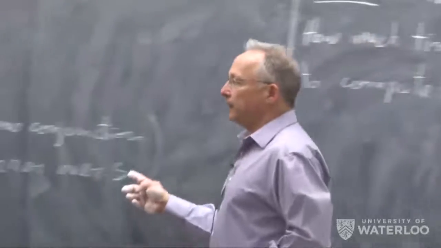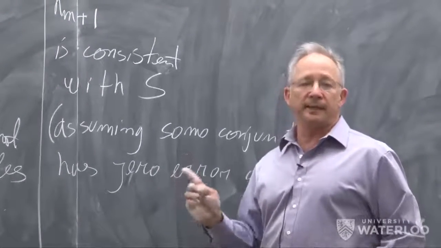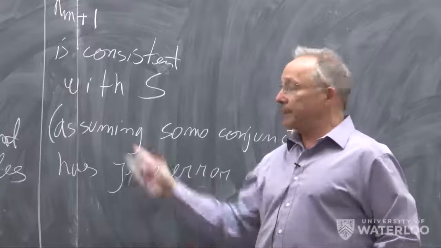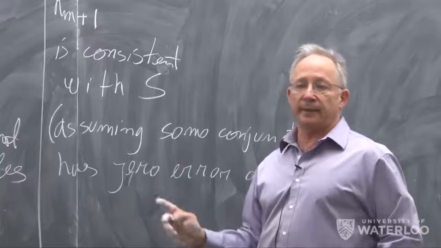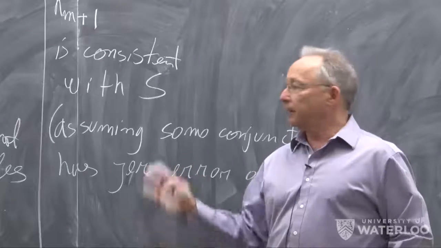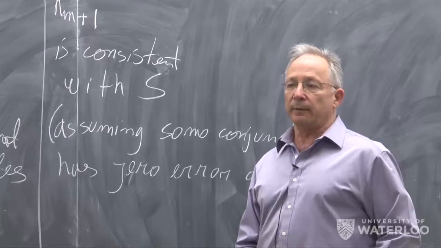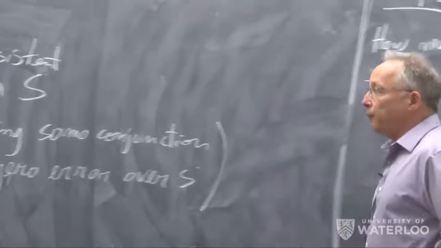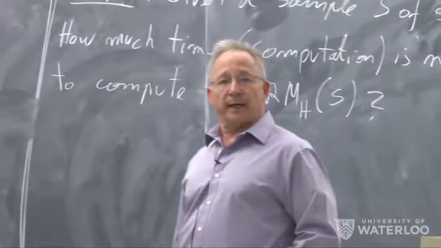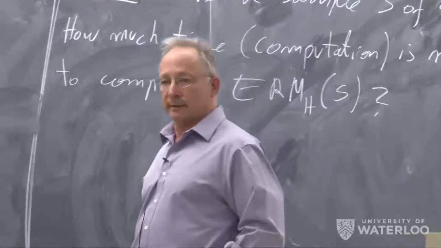So here, remember that in the learning of rectangles, we didn't have to assume realizability. Here we get stuck. This algorithm will only work for the realizable case, if there is a conjunction that is consistent with S. And we will see that often it is much easier to handle the realizable case than the agnostic case, the general case.